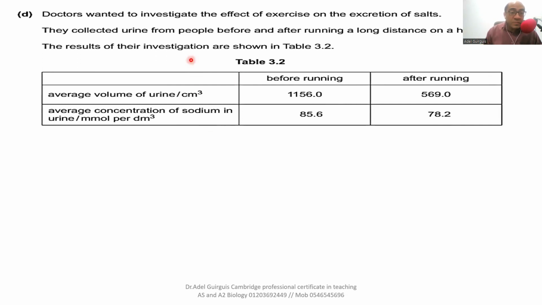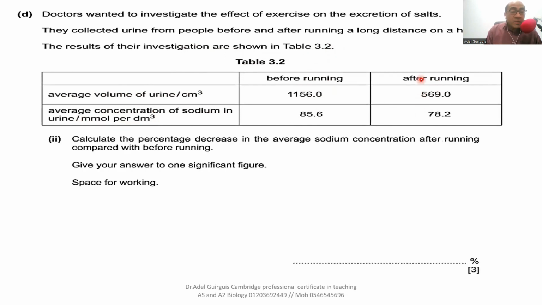The results of their investigation are shown in Table 3.2: average volume of urine per cubic centimeter, and average concentration of sodium in urine in millimole per liter, before running and after running. Okay, what about the question?